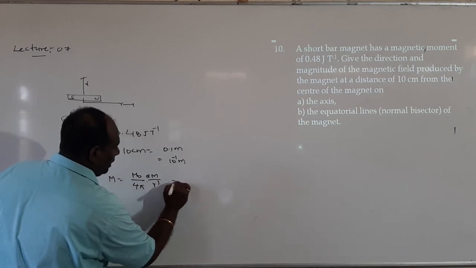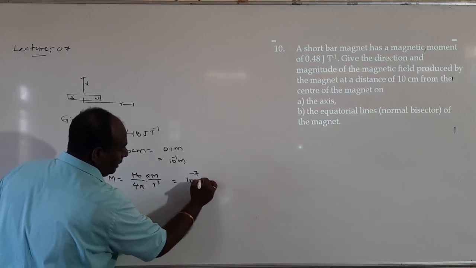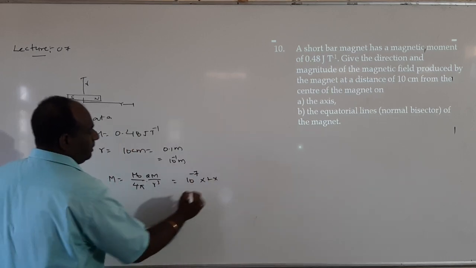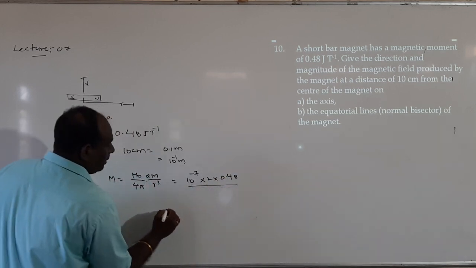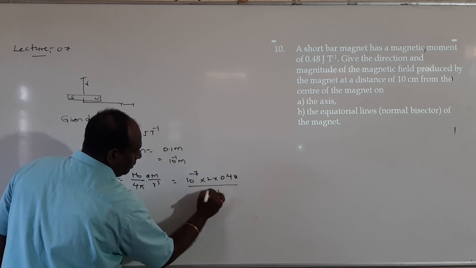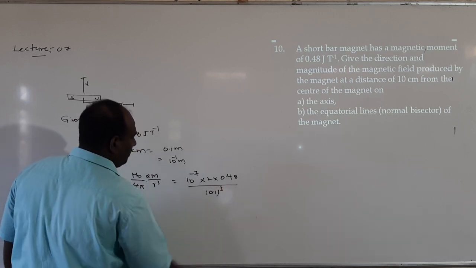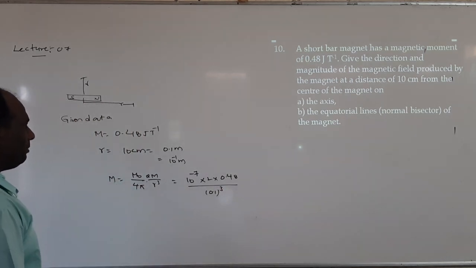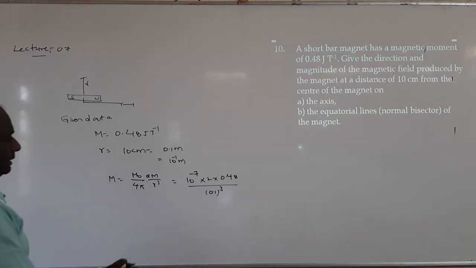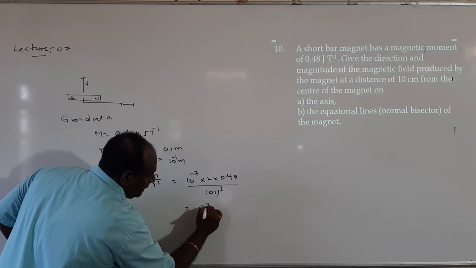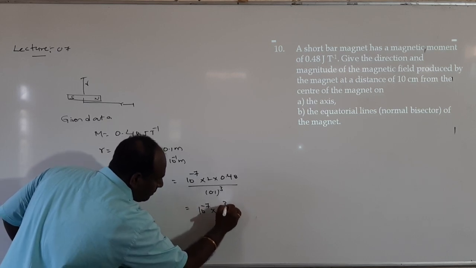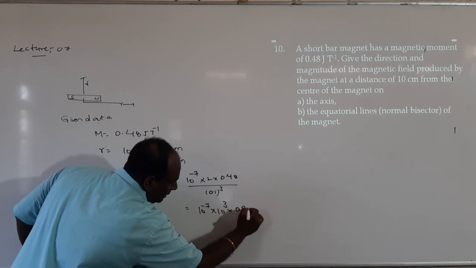Then if I substitute all the values: 10 power minus 7 into 2 into magnetic moment 0.48, divided by r cube. Value 0.1 whole cube, so 0.1 is 10 power minus 1, and it goes up. So you will get 10 power minus 7 into 10 power 3 into 0.96.